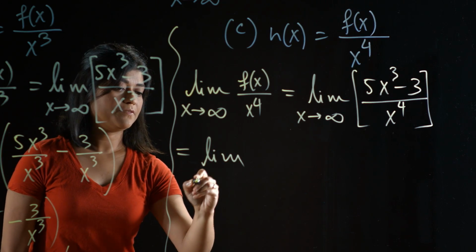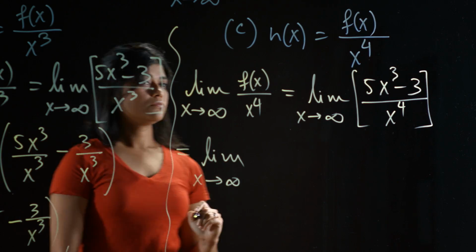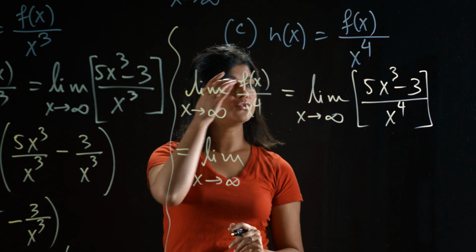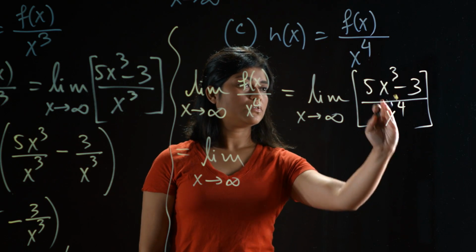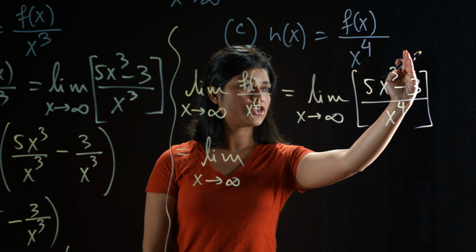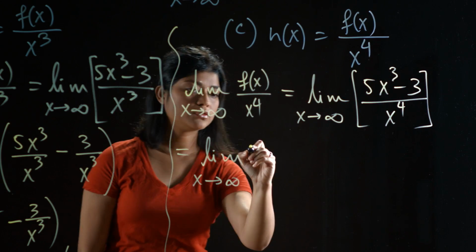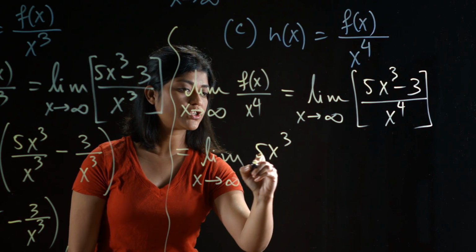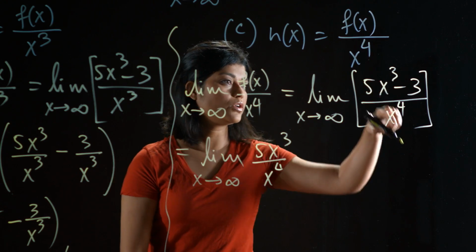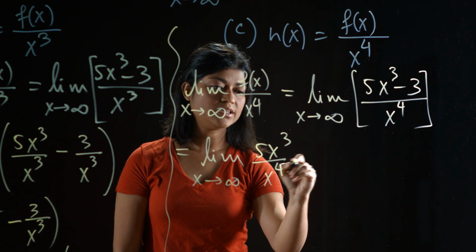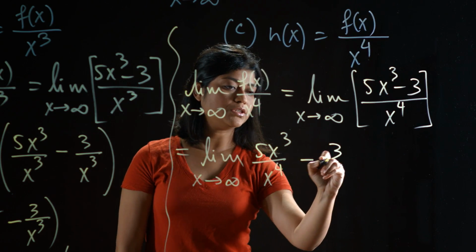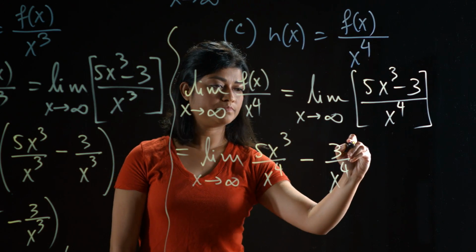So let's simplify first, similar to the first two parts. We can divide each term in the numerator by x to the 4th. So first we get 5x cubed over x to the 4th, and then minus 3 over x to the 4th.